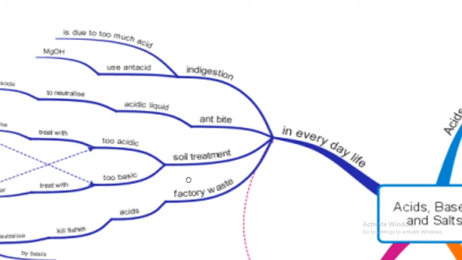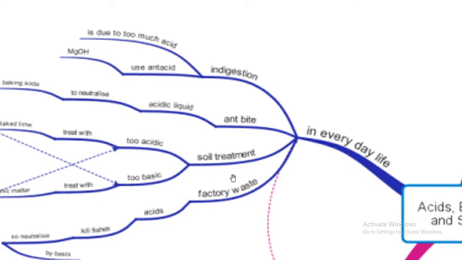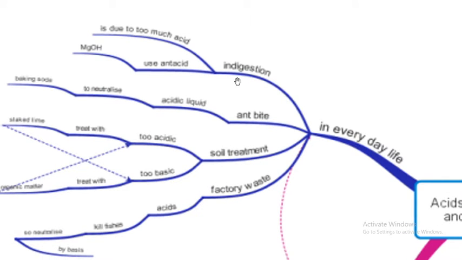Now the uses and applications of acids, bases and neutralization reactions in our daily life. One is indigestion. If you feel indigestion because of excess production of acids in the stomach, we take a base like magnesium hydroxide, commonly called an antacid, which neutralizes the excess acid.